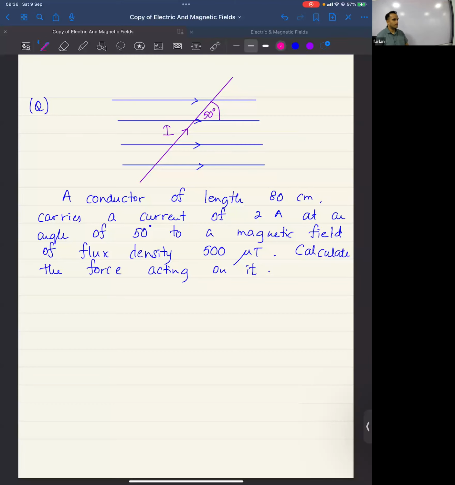Full stop. Calculate the force acting on it. 1 micro means 10 to the power minus 6.